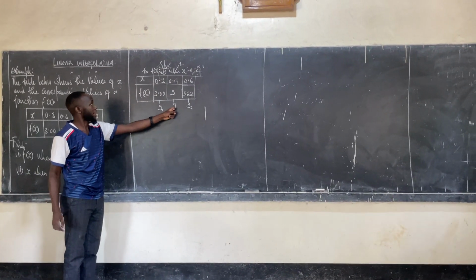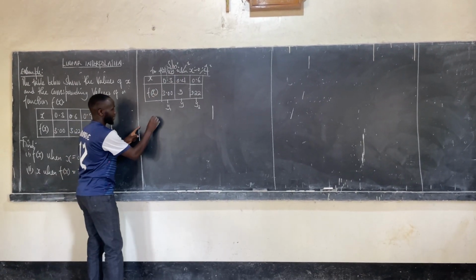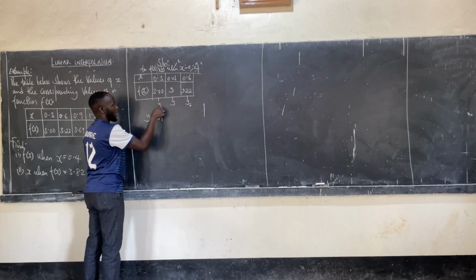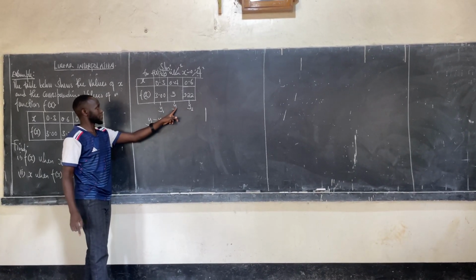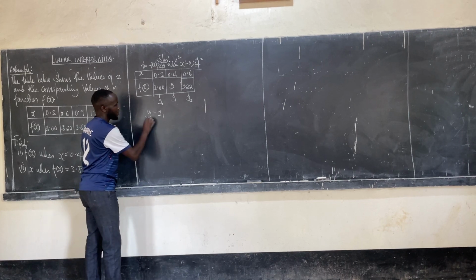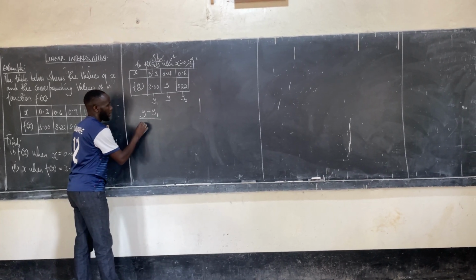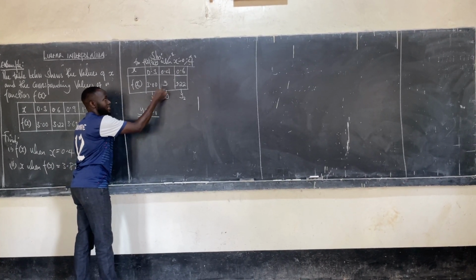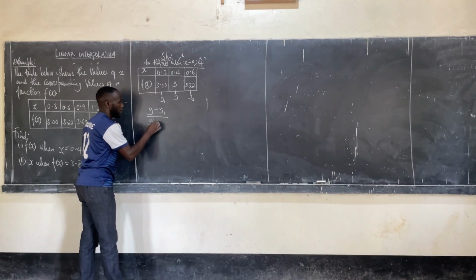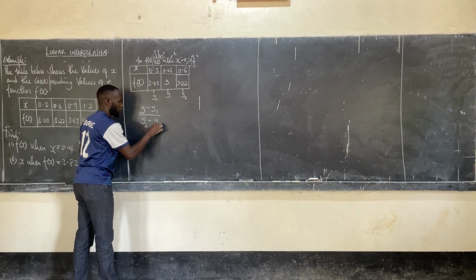Since we are looking for y, we have all of the other ones. So we start with the unknown y minus y1, divided by y2 minus y1.